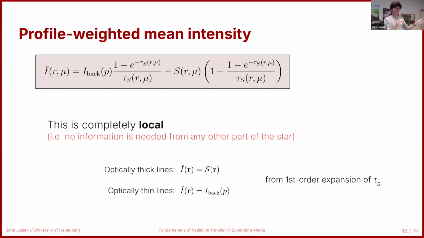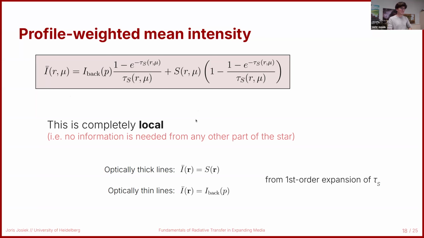You only care about photons whose resonance zone is close to the point that you're considering. And because of this, there's no longer the concept of a separate resonance zone. It just all goes into this location parameterization here of r, mu. So this is super nice.